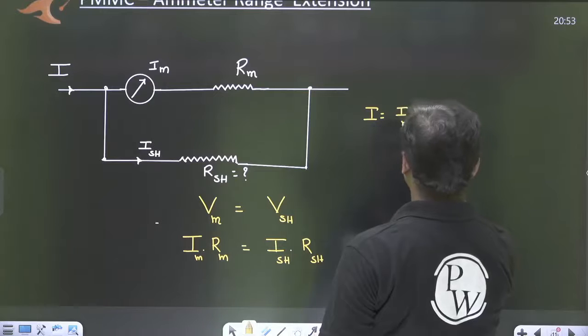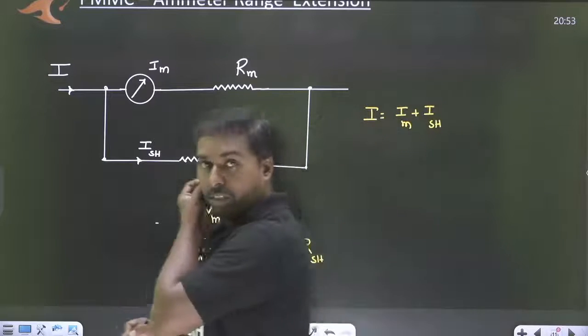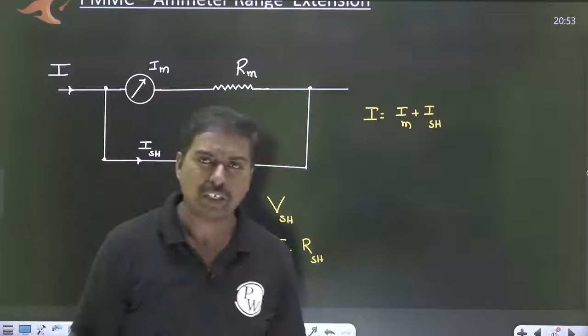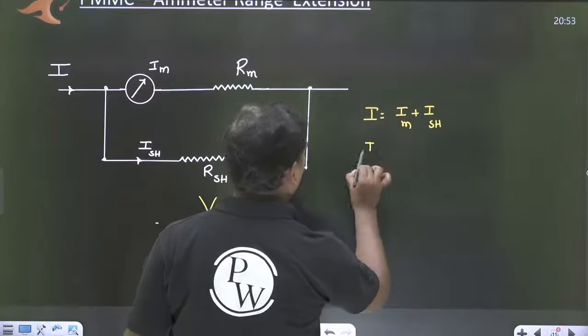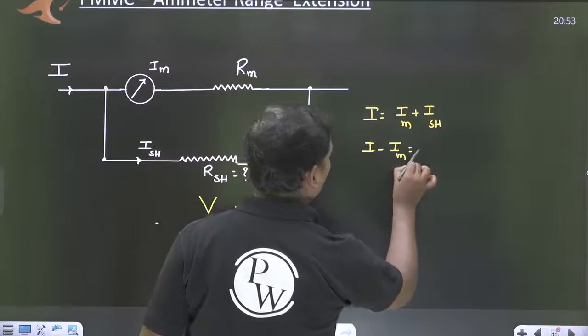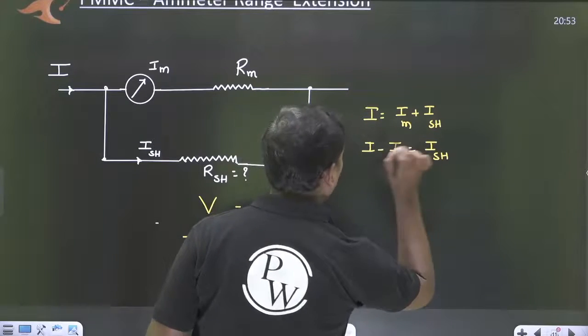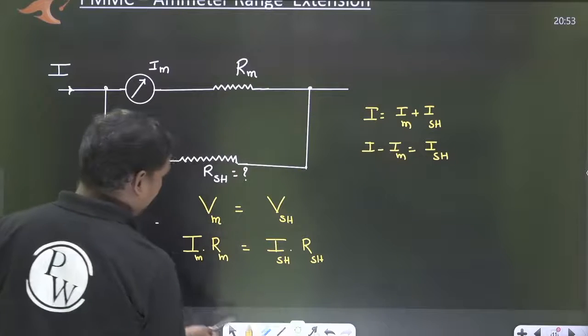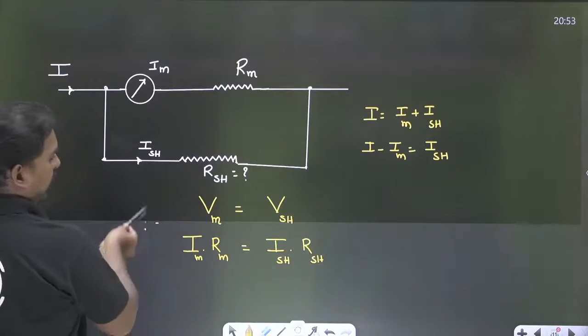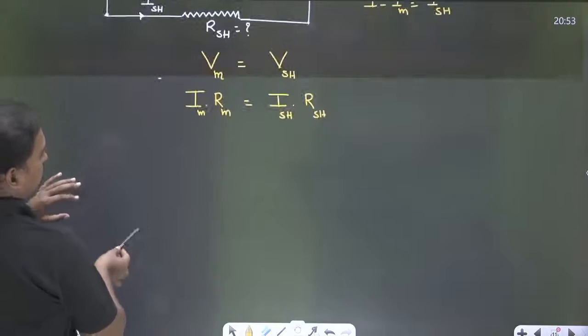So these expressions you have to try to remember in the exam. If you want, you can easily derive also. So ISH can be written as I minus Im. I am substituting that.